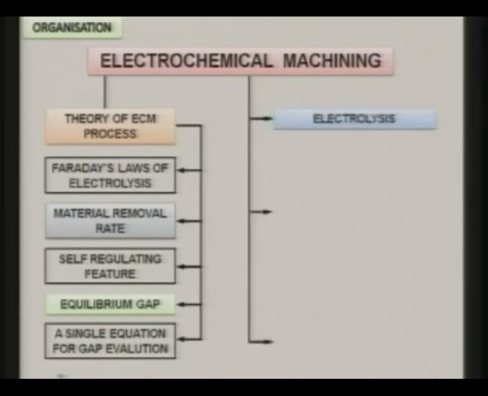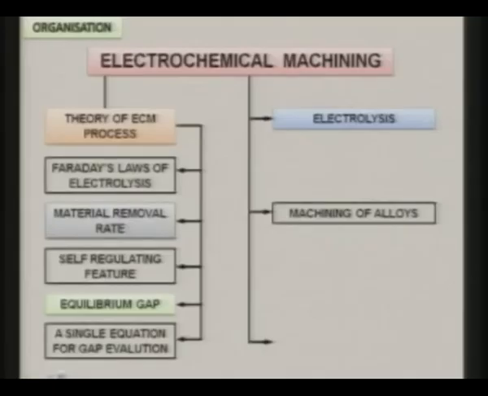And what is this electrolysis process? Machining of different types of alloys, and what are the problems faced during theoretical calculations of material removal rate or anode shape prediction while using alloy as the workpiece material, and what is the maximum permissible feed rate in electrochemical machining. We will derive the equation for the same.